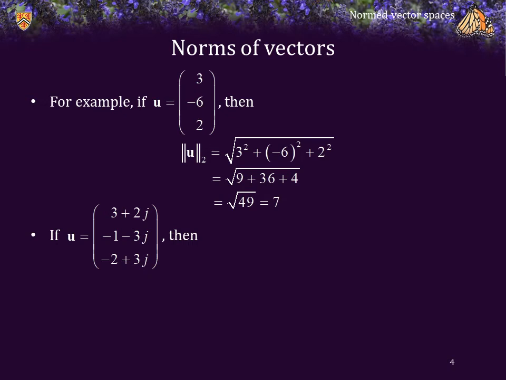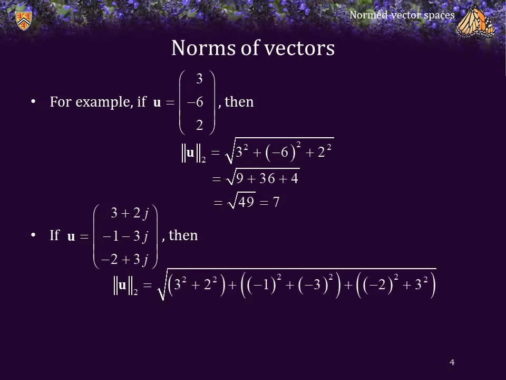On the other hand, if we have this complex vector here, then the 2 norm is simply the square root of the sum of the squares of the absolute values of the complex numbers. So the absolute value squared of the first complex number is just 3 squared plus 2 squared.